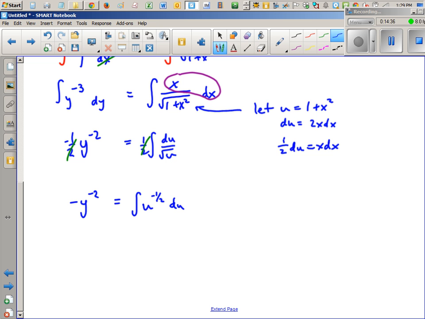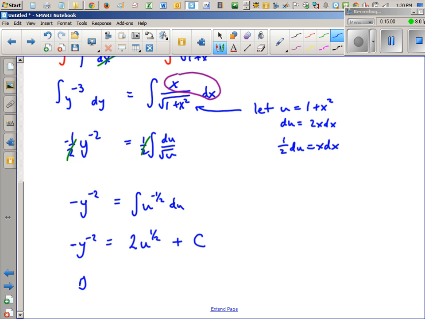Okay, I'm finally ready to integrate. I have negative y to the minus 2 equals, I'm going to add a power, so it's going to become u to the 1/2. I'll need the reciprocal of that 1/2 out front, so that's a 2. And I think I need a plus c, because I didn't do one for the left side. There we go. And let's put in the u again.